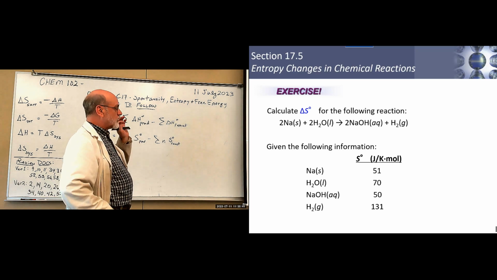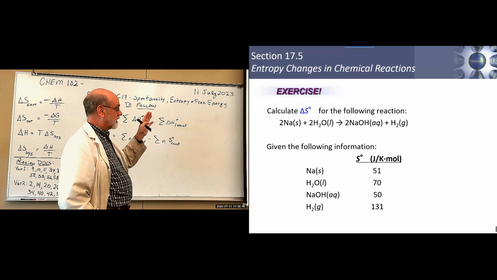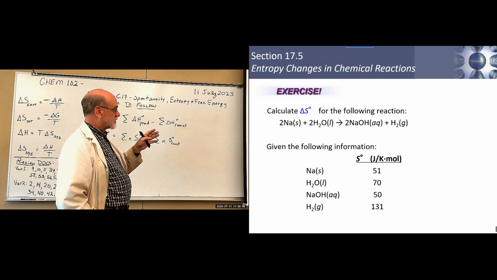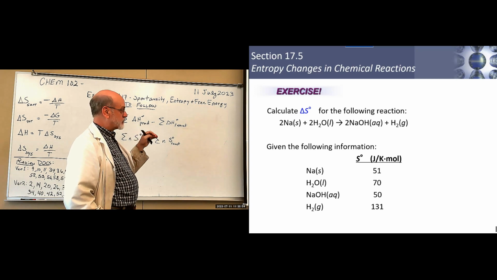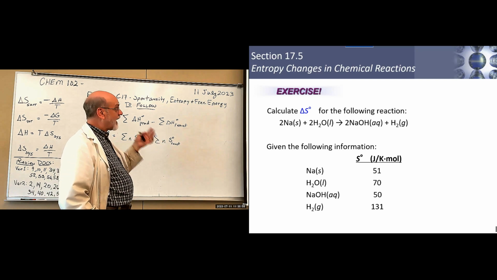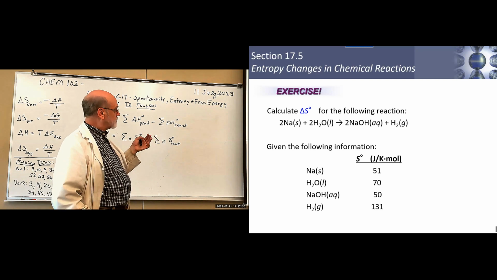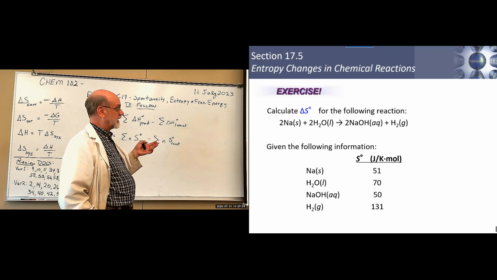Anyway, if we want to know the entropy for this reaction, the total reaction, we need sodium hydroxide, which is 50 times 2, plus hydrogen, which is 131 times 1, add those together, and then subtract sodium, 51 times 2, plus 2 times water at 70.